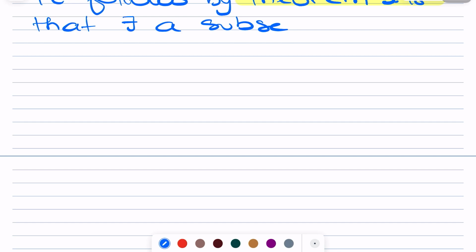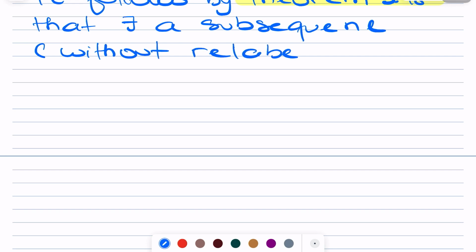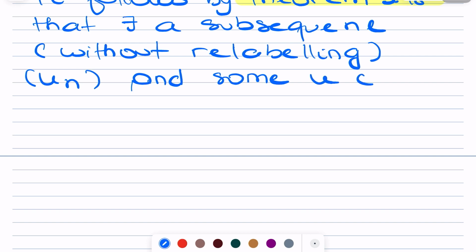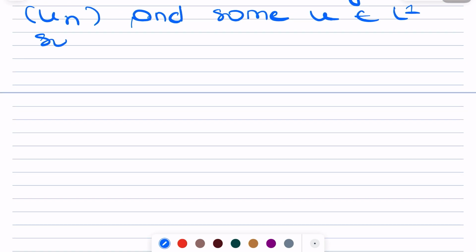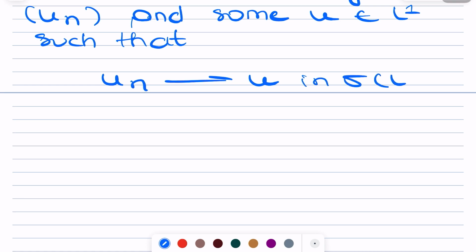So there exists a subsequence, without relabeling, we still call it Un, and some U in L1 such that Un converges to U in the topology sigma(L1, L infinity).